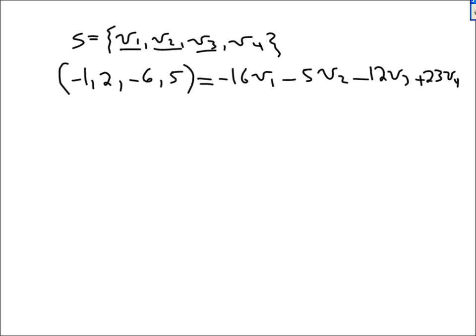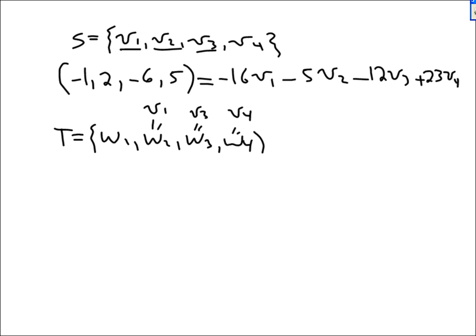Now, suppose I define T to be a basis for R4, which is W1, W2, W3, W4. And I'm telling you, W3 is V3, and W4 is V4, and W2 is V1, and W1 is V2.